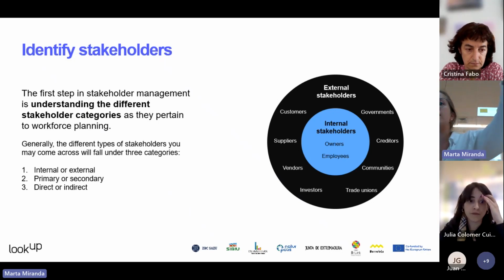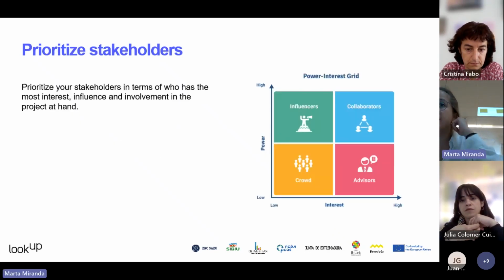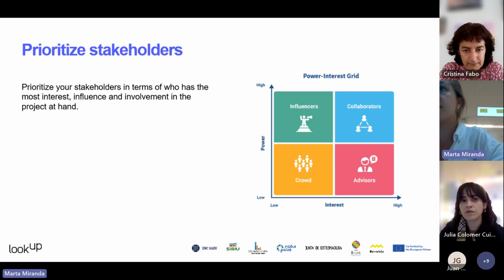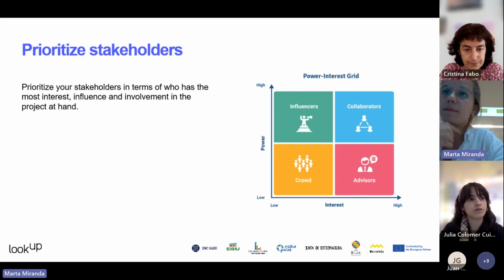Once we have identified our stakeholders, we might prioritize them. We can categorize our stakeholders in order to listen to them or to take into account their opinions more from one group than from another group. Here you can see this graph that is called the power interest grid, and it's very interesting because it's dividing our stakeholders in 4 parts.